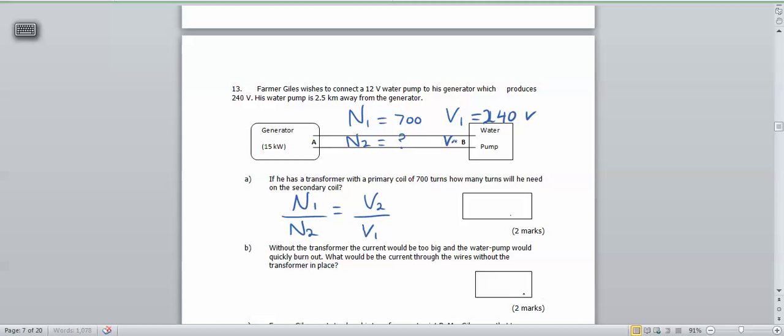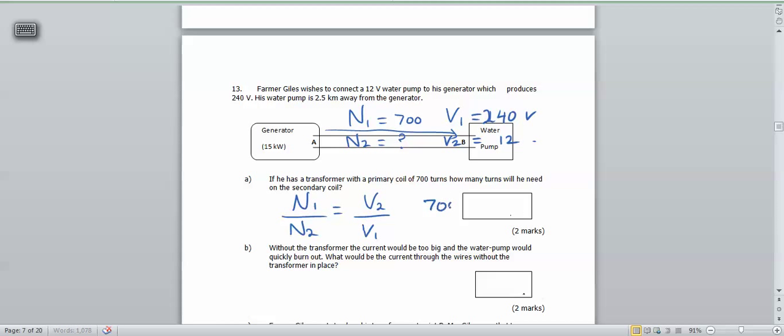And V2 is equal to 12. So what he's doing is he wants to step the voltage, we've got 240 volts going through here, and then it's stepped down, the voltage is stepped down to 12. So let's plug in what we know.